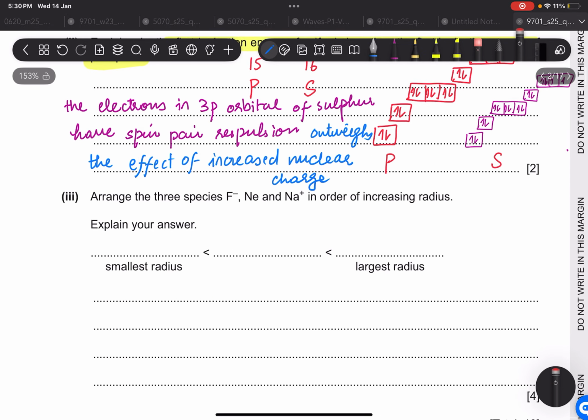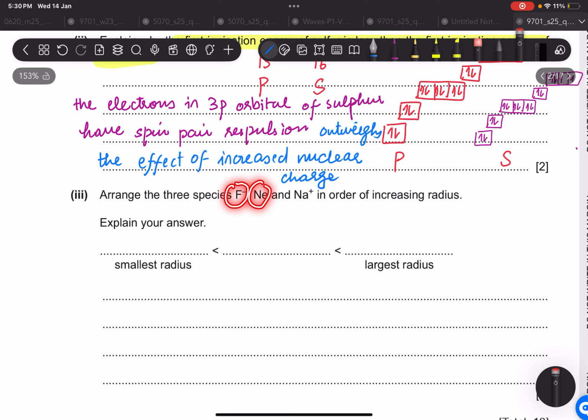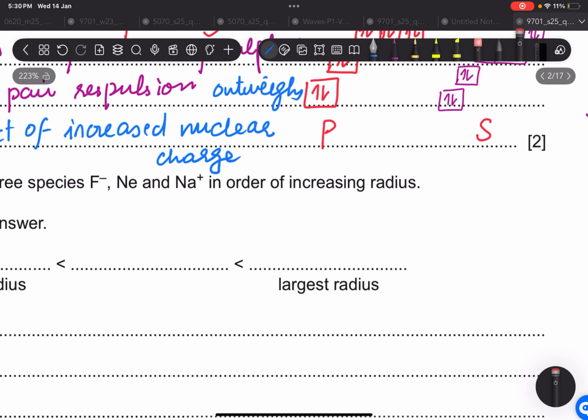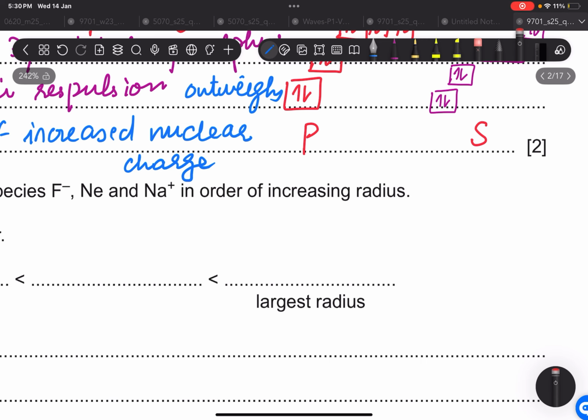Arrange the three species F negative, neon and Na positive in order of increasing radius. To determine the radius, first we got to determine the ratio of protons and electrons. So if I talk about F negative, fluorine has 9 electrons, but a negative means that now it has 10 electrons.